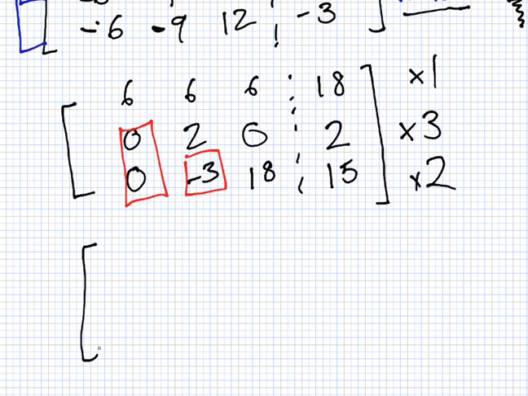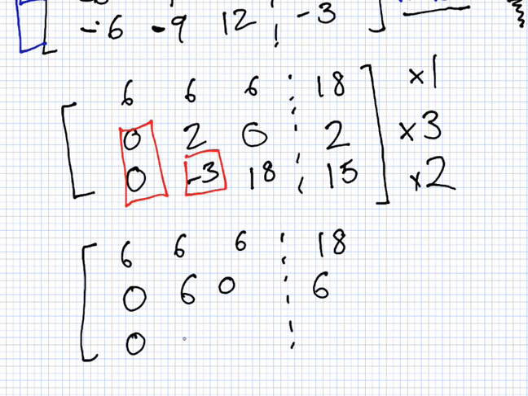So I have 6, 6, 6, 18, 0, 6, 0, 6, 0, minus 6, what's next? 36, 30.